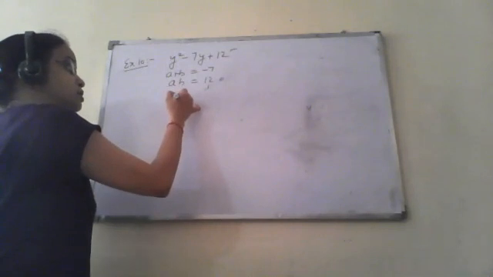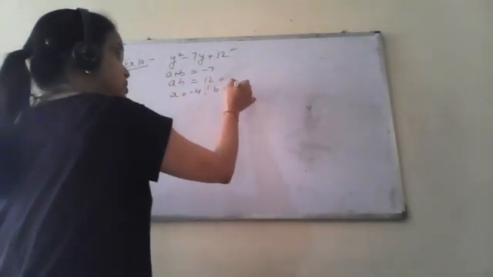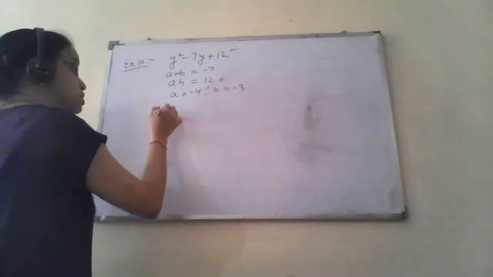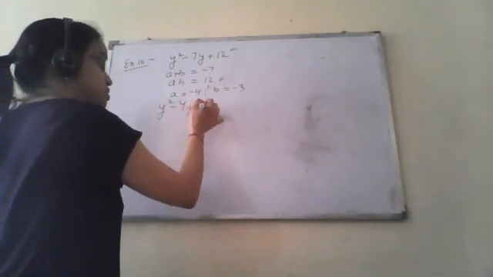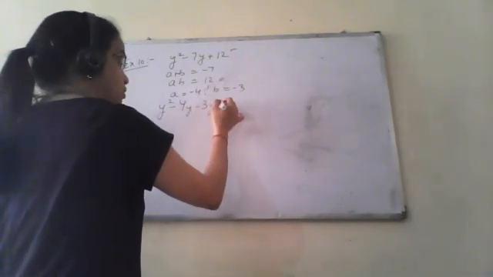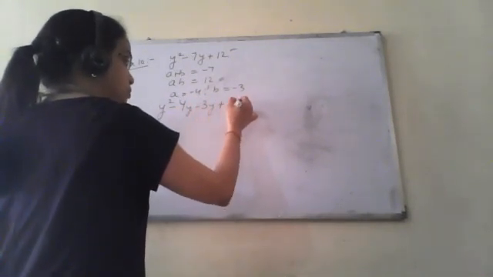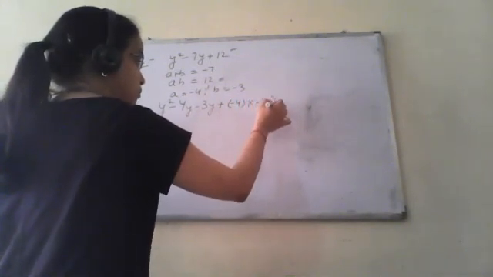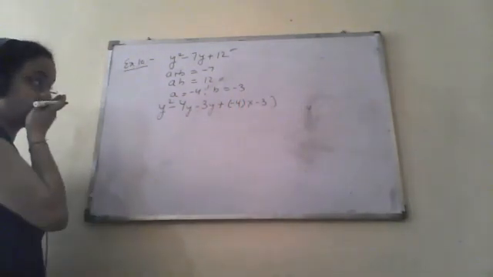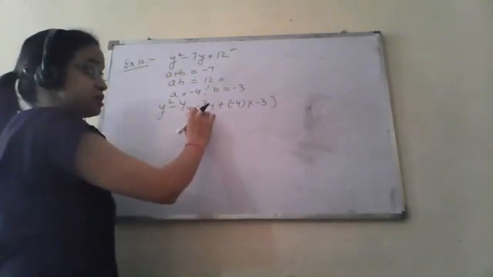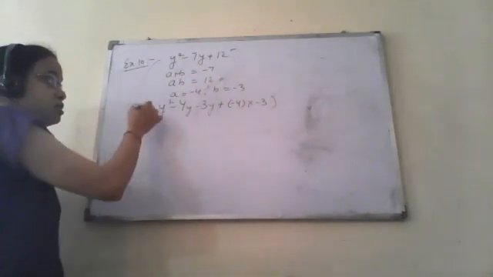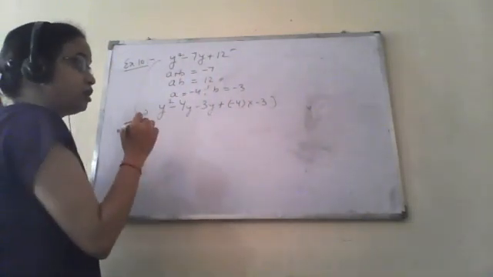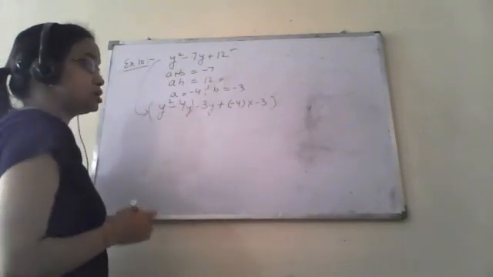Now we will factorize. The values are clear: a is minus 4 and b is minus 3. So this is y square minus 4y minus 3y plus minus 4 into minus 3. That is minus 7y, and minus 4 into minus 3 is plus 12. Now we take two terms together.